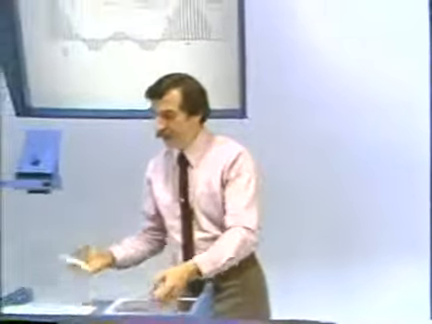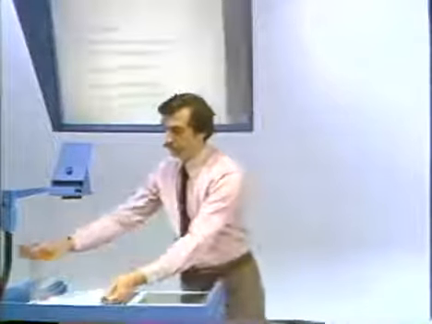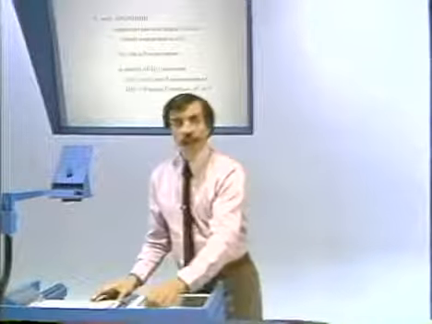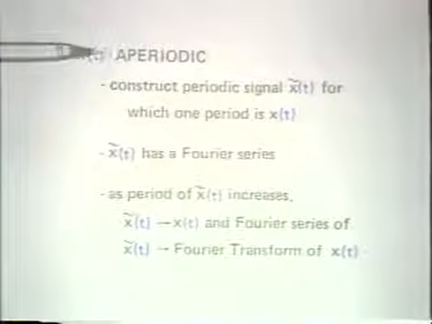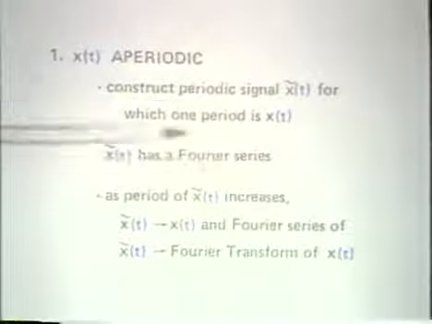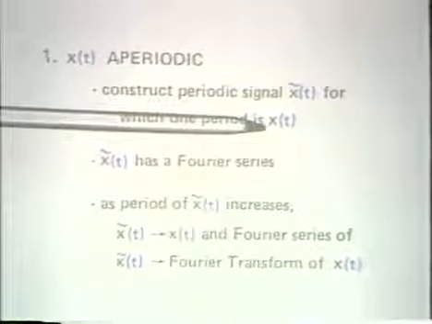Recall also that this was the trick we used in continuous time to utilize the Fourier series to provide a representation of aperiodic signals as a linear combination of complex exponentials. In particular, when we had an aperiodic signal, we constructed a periodic signal for which the aperiodic signal was one period.